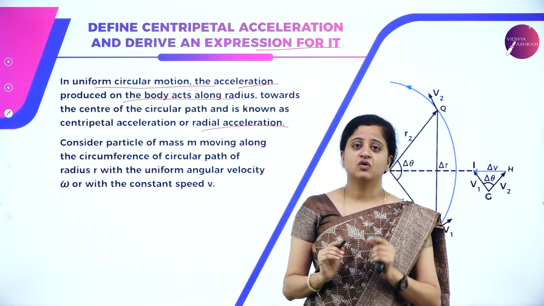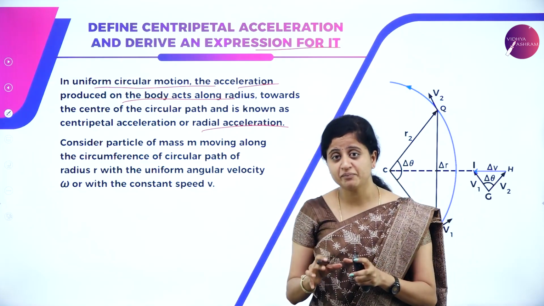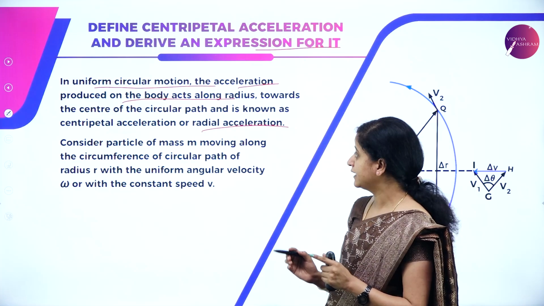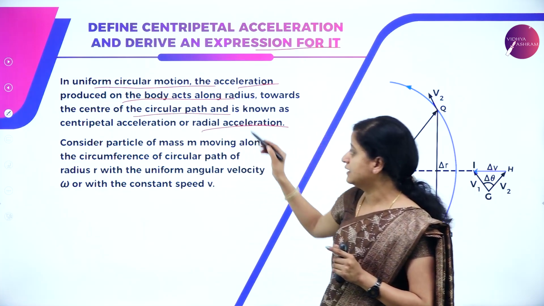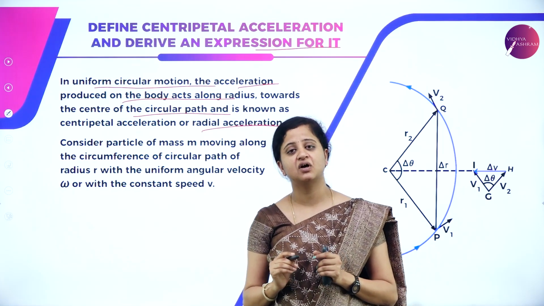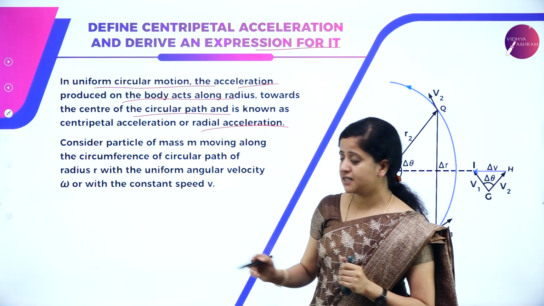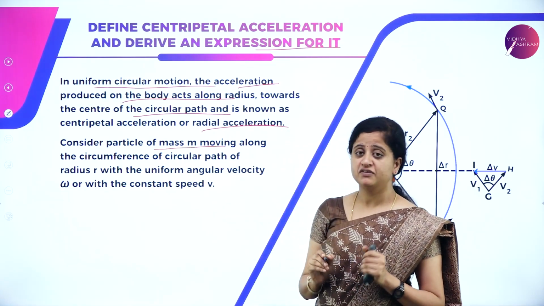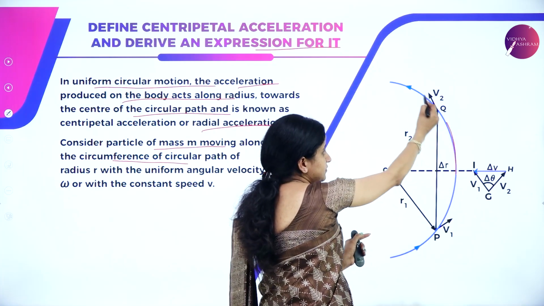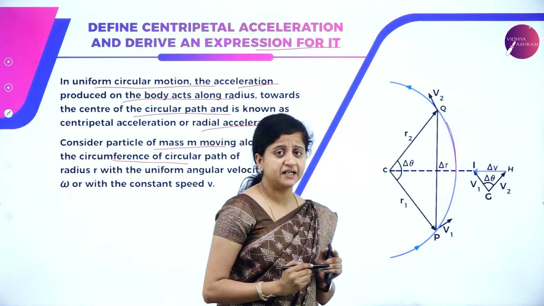Whenever the body is undergoing uniform circular motion, the acceleration produced on the body acts along the radius and it is always directed towards the center of the circular path. Such type of acceleration is called centripetal acceleration. So let us consider a particle of mass m which is moving along the circumference of a circular path. It has a radius r.